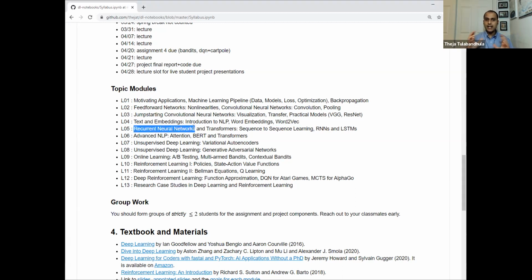Recall when I started this NLP topic, I said there are two things we have to do once you have sentences. First, sentences are composed of words, and we don't have a numeric representation of the words, and that was the point of embeddings last time.